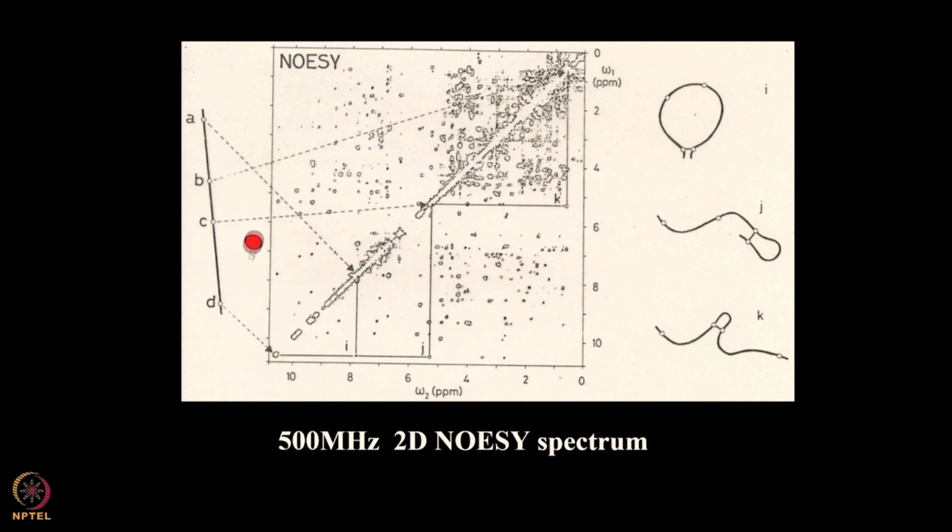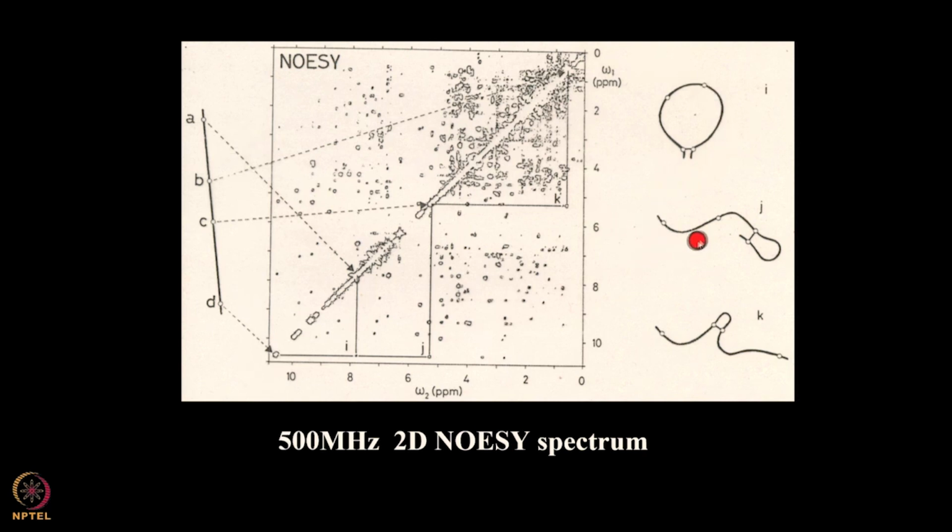Now suppose the polypeptide chain, this is a big polypeptide chain, folds like this. If the polypeptide chain folds like this, what happens now? You see the two end ones have come close, that is the A and the D have come close here. Okay. This is a short distance. Therefore then I will see a cross peak between A and D. Between A and D I will see a cross peak. These are long range peaks.